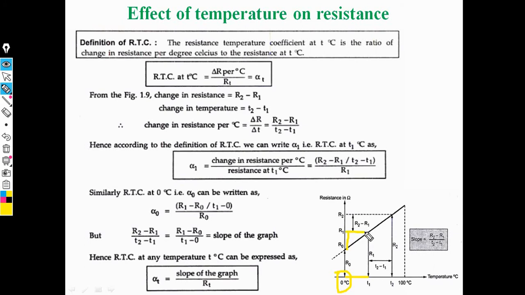Here we are taking the slope of this point, that is R1 minus R0 with respect to temperature T1 minus T0. This is for this, and this is for this. Then we have considered both slopes: this is the first slope, this is the second slope.